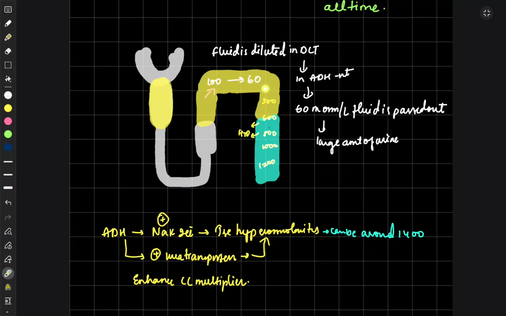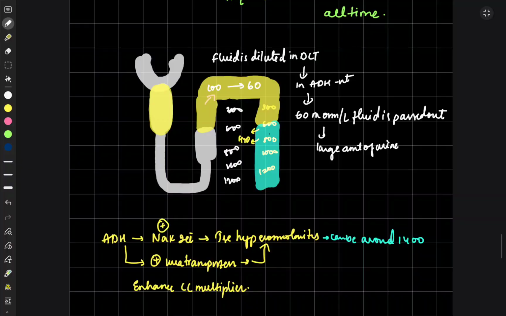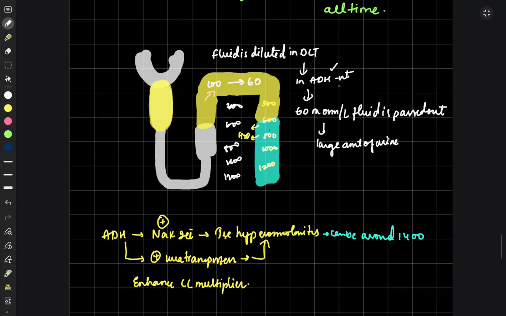As you can see, diluted fluid is entering this part, and this part has a gradient of 300, then 600, then 800, then 1100, 1200, and so on. What happens in the absence of ADH is that the 60 milliosmol per liter of fluid will directly leave the collecting tubule without getting reabsorbed, and it produces diluted urine.